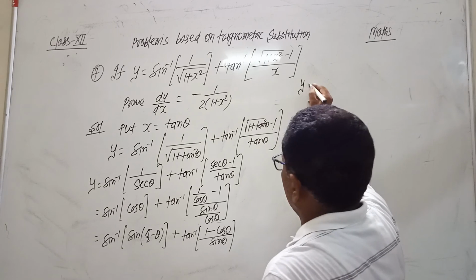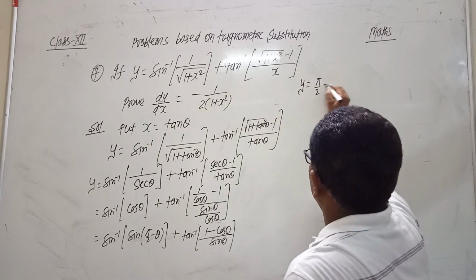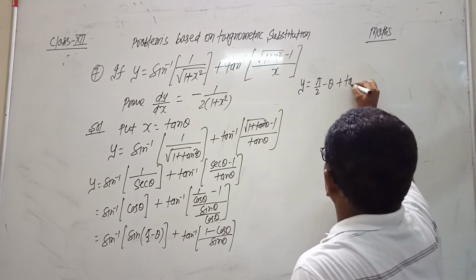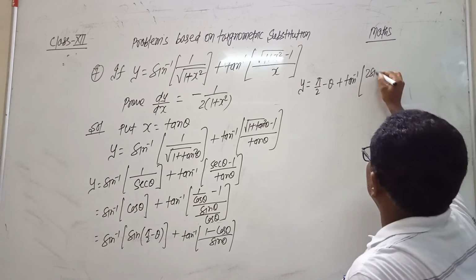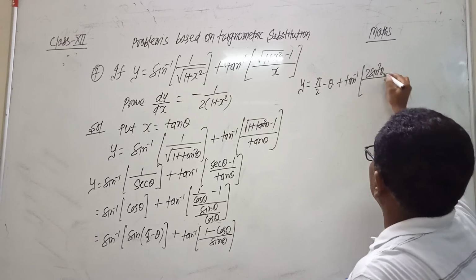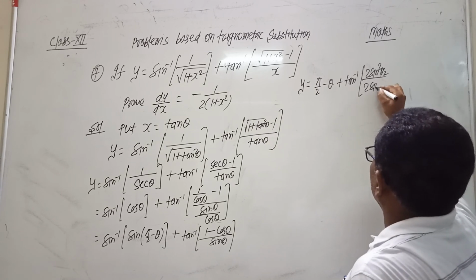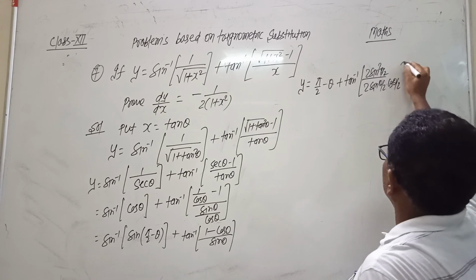So y equals sine inverse, and sine cancelled, pi by 2 minus theta, plus tan inverse of 1 minus cos theta, which is 2 sine square theta by 2, and sin theta is written as 2 sine theta by 2 into cos theta by 2.